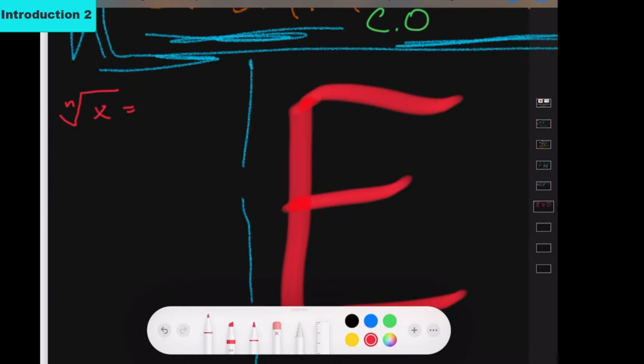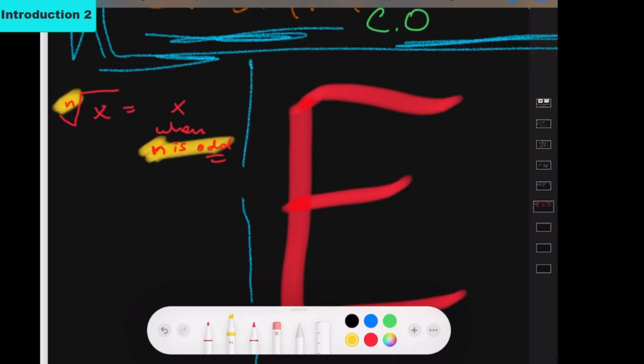Your answer is just going to be an x when n is odd. So that number, the letter up here, let's see if we can highlight it, that is going to be odd. It's just going to have an x.